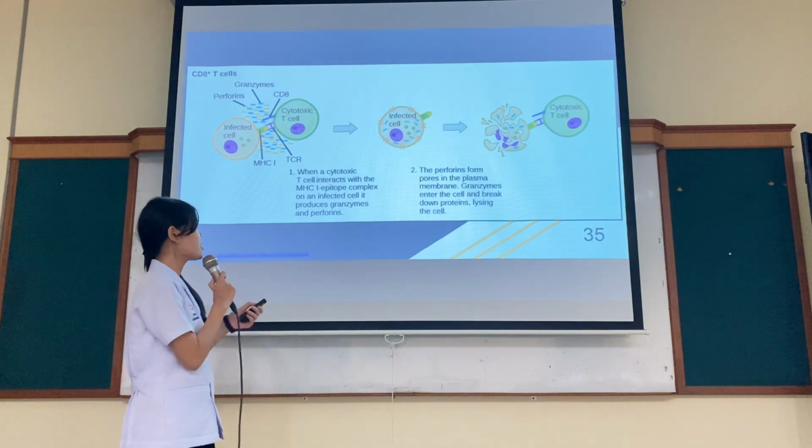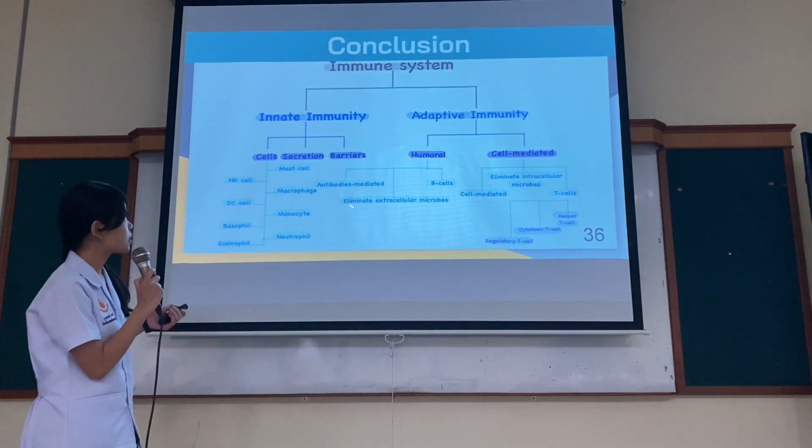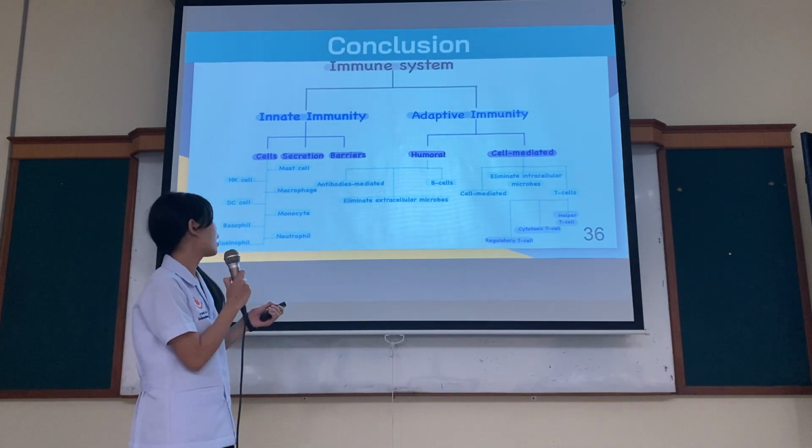Okay, to summarize, there are two types of immune system as follows: innate immunity and adaptive immunity.